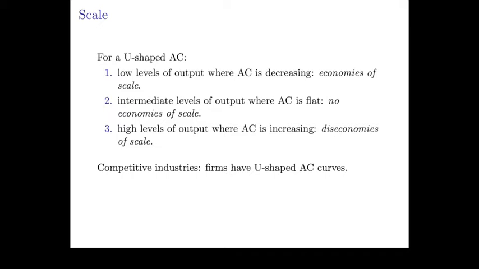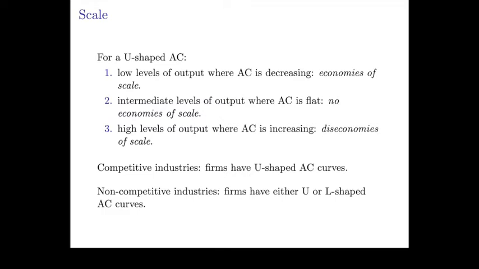In competitive industries, you typically have U-shaped average cost curves. In industries where the average cost curves are not necessarily U-shaped, so ones where you have very large fixed costs, for example, like in utilities or telecom, then those industries tend not to be very competitive.